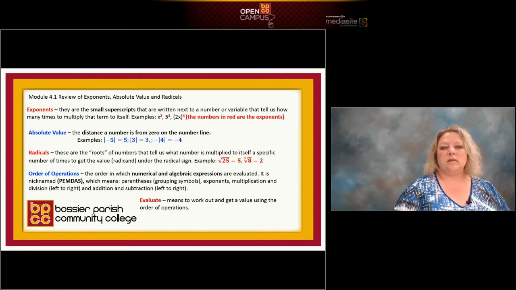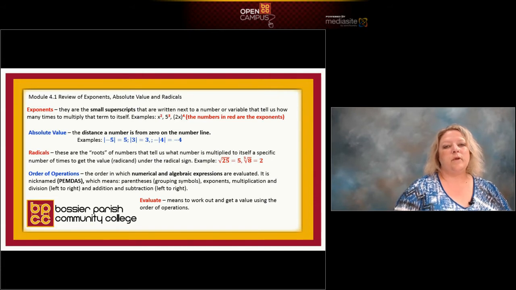So for instance, 5 to the third power means 5 times 5 times 5, which is equal to 125. So you multiplied 5 to itself 3 times. If it says x to the second, that means x times x. And when it says 2x to the fourth, that means 2x times 2x times 2x times 2x, 4 whole times.